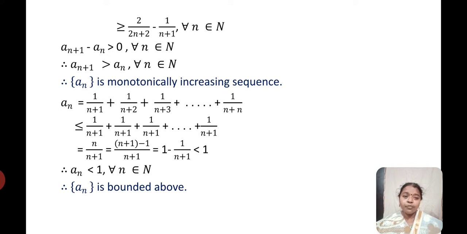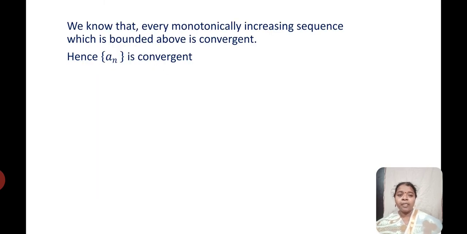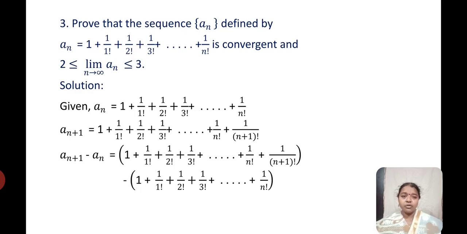Next we add plus 1 and minus 1 in the numerator, and on simplification I would be getting 1 minus 1 by n plus 1, and this definitely is less than 1. Therefore, an is bounded above. We know that every monotonically increasing sequence which is bounded above is convergent. Therefore, the given problem is also convergent.